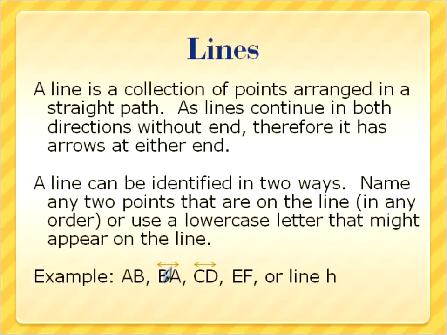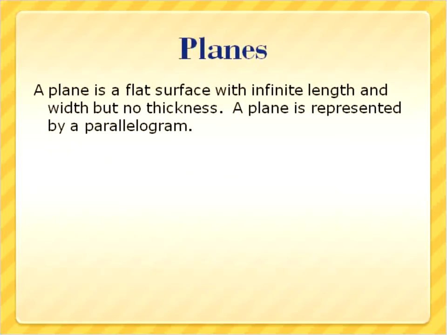Sometimes you'll see the symbol put on top of it with the arrows on both sides. Sometimes it'll just be the letters. Alright, so these are different ways that you would label a line. Or if you have a lowercase letter sitting next to the line, that would be another way of labeling a line. Line H, for example, would have an H next to a line.